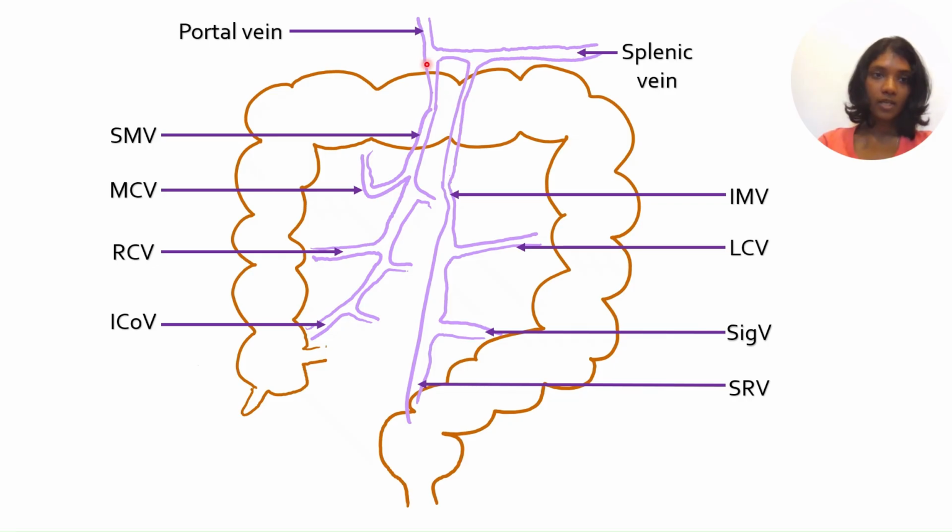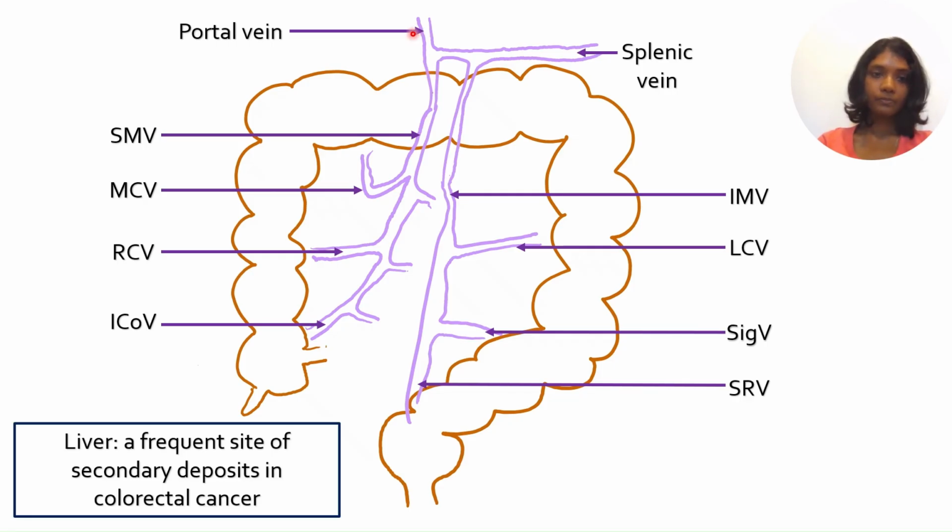The splenic vein and the superior mesenteric vein form the portal vein, which drains into the liver. Therefore, the liver is a frequent site of secondary deposits in colorectal cancer through this venous pathway.